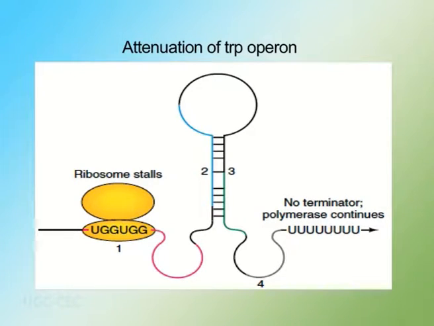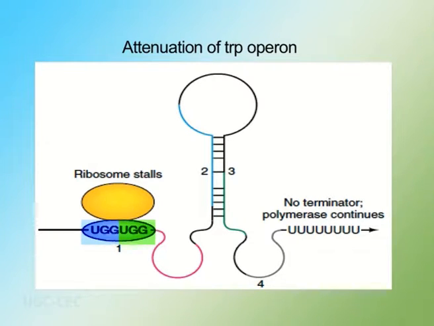Now let us think of the situation of what happens when there is very little tryptophan in the system. One point to be noted is that in segment 1 of the stem loop structure that is formed in the leader region, there are two consecutive codons for tryptophan.